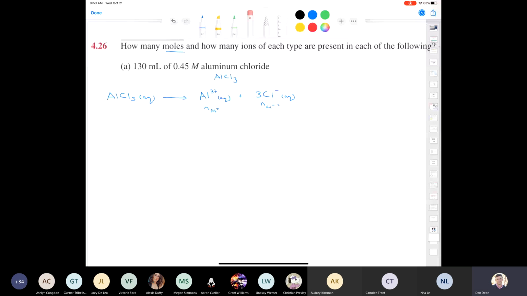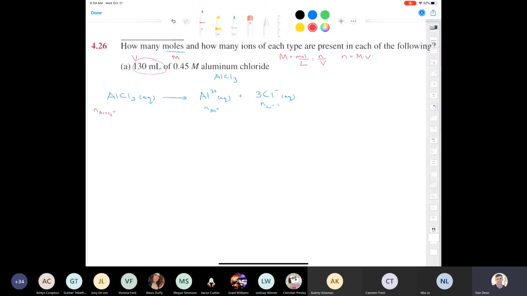Well, how many moles of aluminum chloride am I starting out with? I've been given the volume of a solution, right? Here's my volume, and I've been given the molarity, right? We know that molarity is equal to the number of moles per liter, or N over V. Since I have big M and I have V, I can solve for N because I know that N is going to be equal to big M times V. So if I want to get the number of moles of aluminum chloride, I'm going to take my volume.